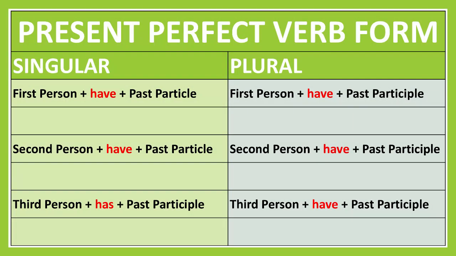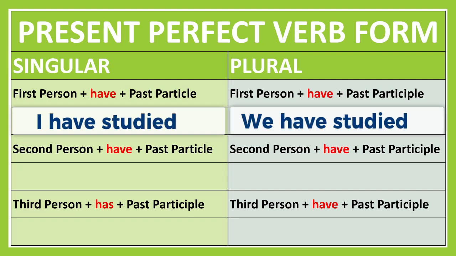Now let's practice conjugating verbs for the present perfect form. For the first person, use the verb study. First person singular, I have studied. First person plural, we have studied. For the second person, use the verb give.